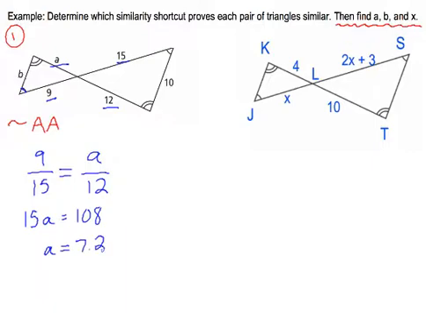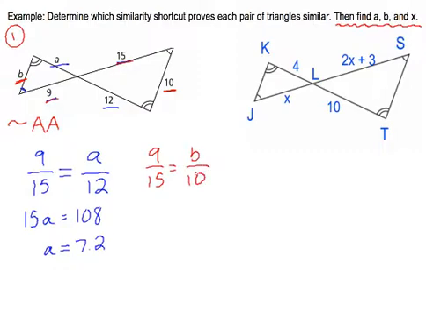I'm going to use the same technique now to solve for B. The side length B corresponds to side length 10. We can use the same starting ratio that we knew. The ratio of the two sides is 9 over 15. That ratio should be equal to the ratio of these two corresponding sides, B over 10.